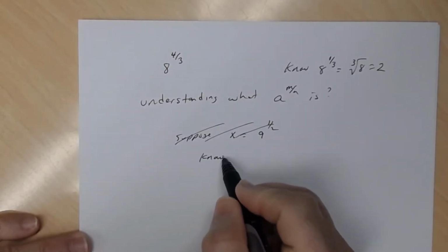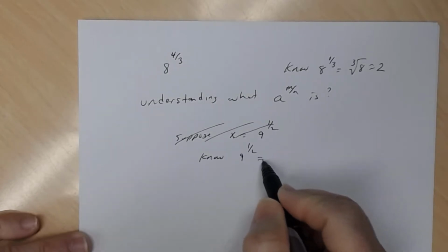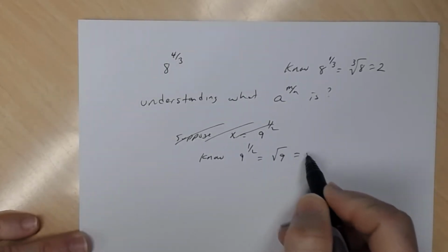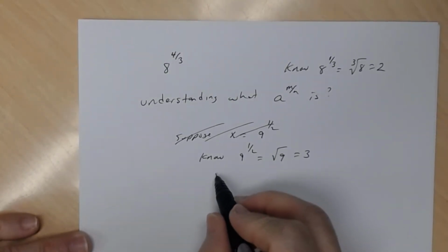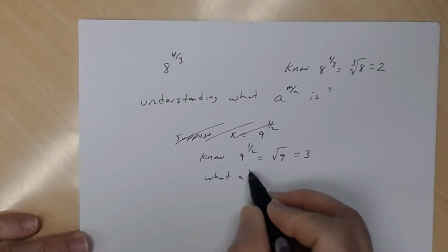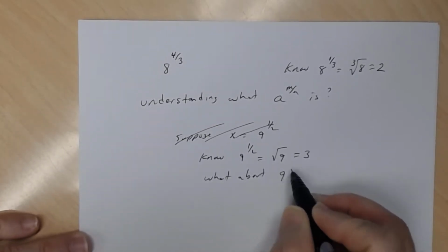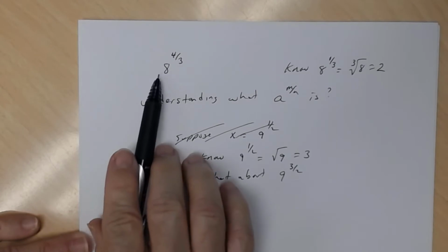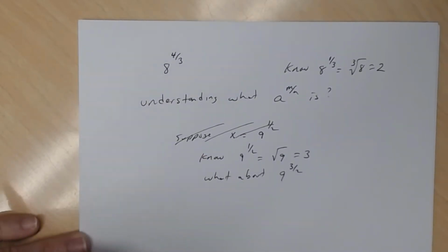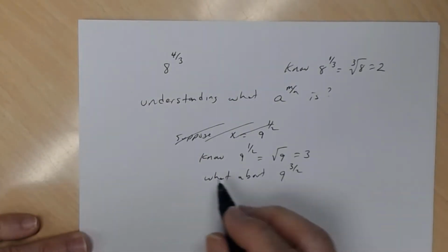We know that 9 to the 1/2 is the square root of 9, which is 3. Okay, so let's talk about 9 to the 3/2, just like we were going to try and figure out what about 8 to the 4/3. Okay, so let's look at this progression.